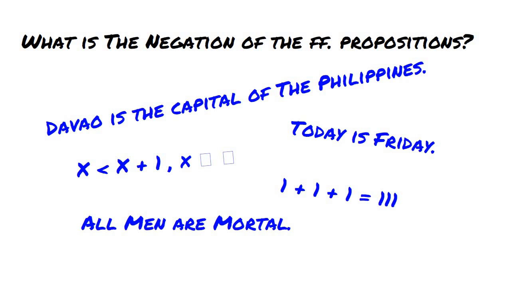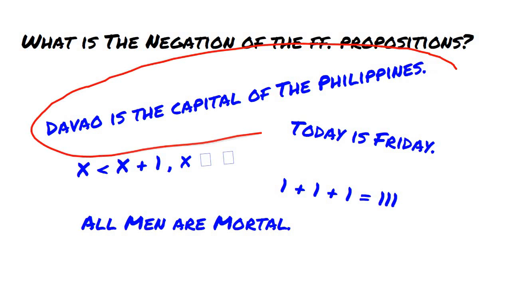Okay, so in the previous video we have sample propositions, and here we can take its negation. Say, Davao is the capital of the Philippines. It's very simple to negate that.